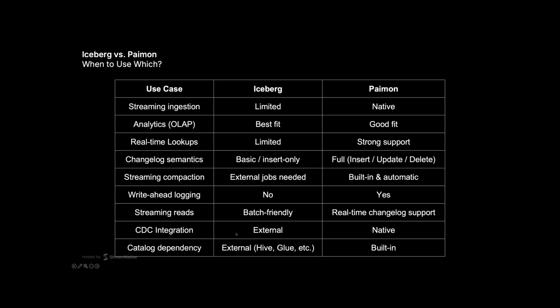For CDC integration, you need to use something external with Iceberg, for example Flink CDC in combination with Iceberg, but Paimon supports it directly. Paimon has a built-in catalog, but for Iceberg, you would need something external like Hyperglue.